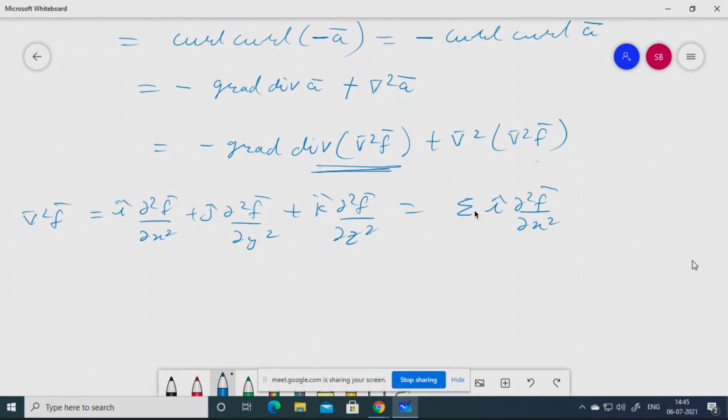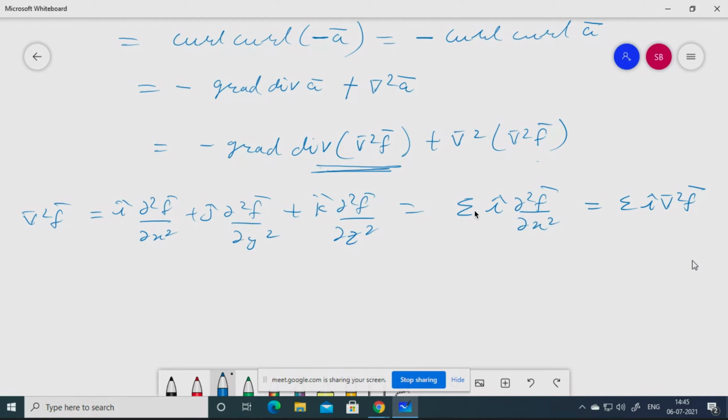That means this is nothing but summation i, as it is, del square f bar. Is it or not? Yes, ma'am. Understood all of you? Yes, ma'am. So del square f bar is this thing: i del square f bar with the summation sign. That means I get i dou square f bar by dou x square and all these terms.